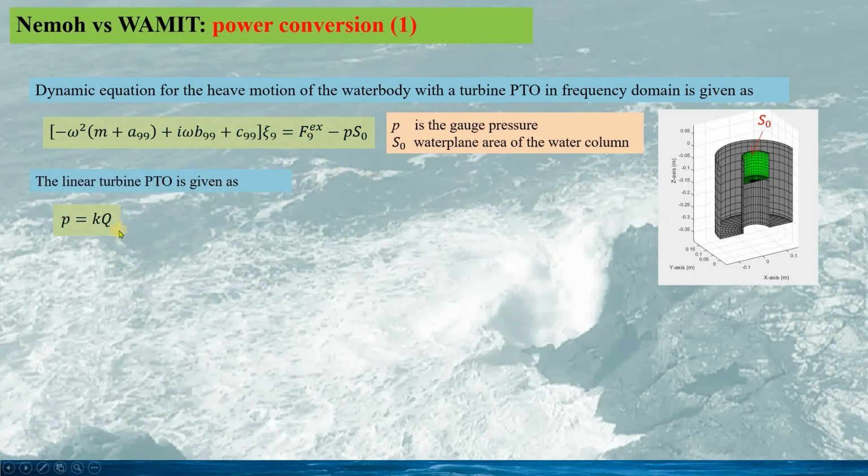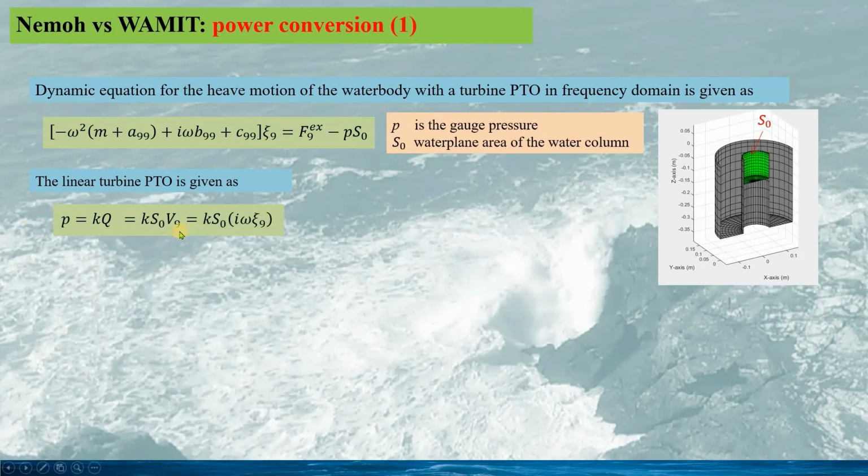For a linear turbine PTO, for instance, the Wells turbine, the pressure and the flow rate have a relation as this. Here, K is the linear turbine damping coefficient. Capital Q is the flow rate. And here, the air compressibility has been ignored for simplification.